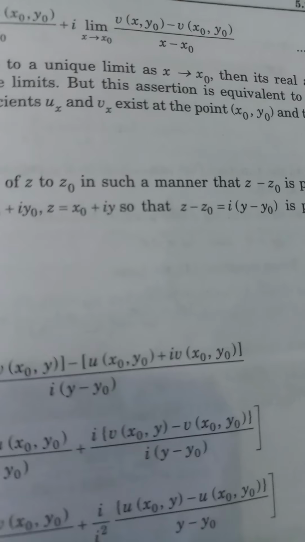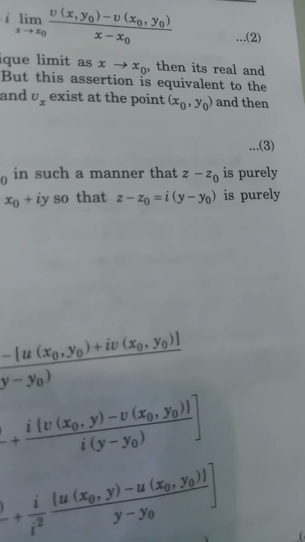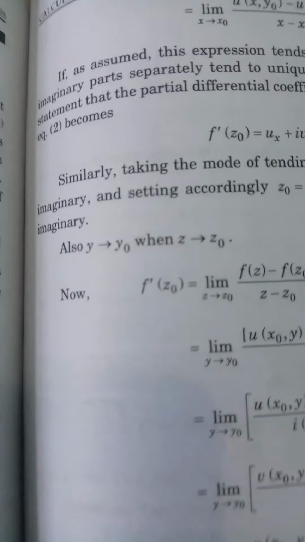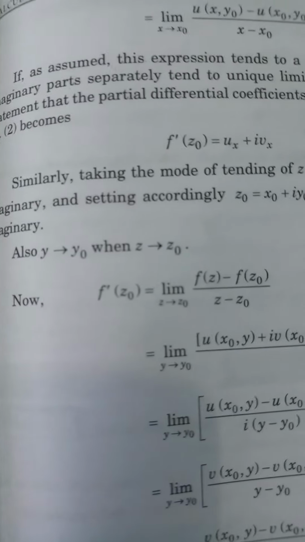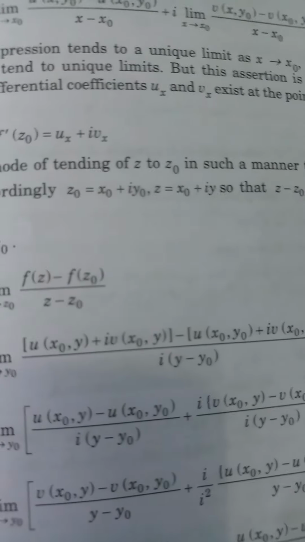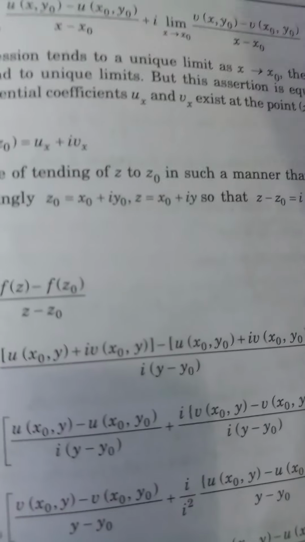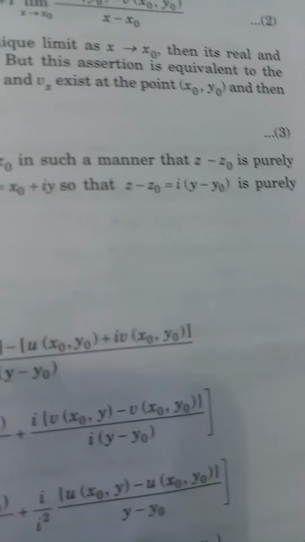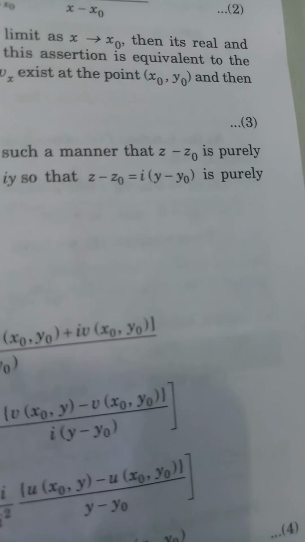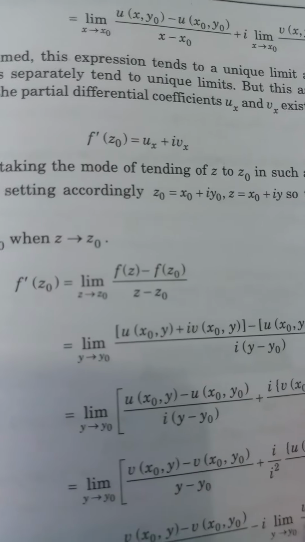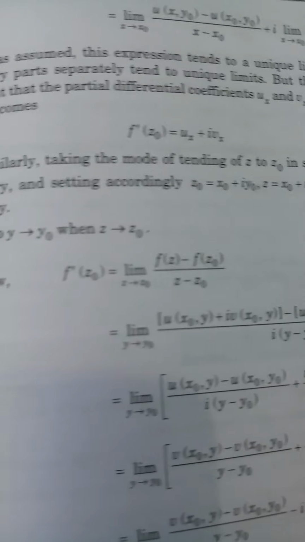But this assertion is equivalent to the statement that the differential coefficients ux and vx exist at the point (x0, y0), and then equation (2) becomes f'(z0) = ux + ivx.